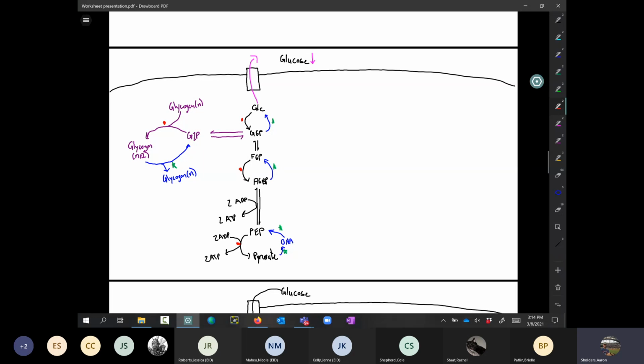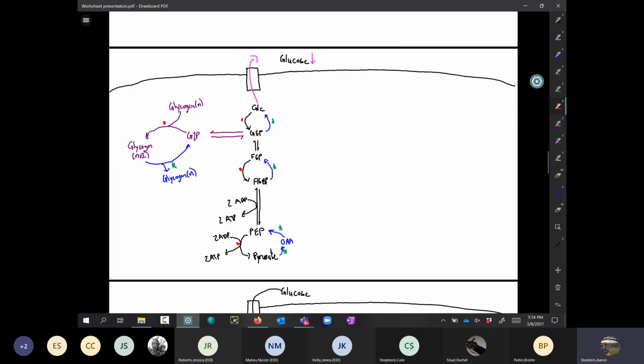So you don't want to do those things. The question then is, how is it going to activate gluconeogenesis and glycogen breakdown?